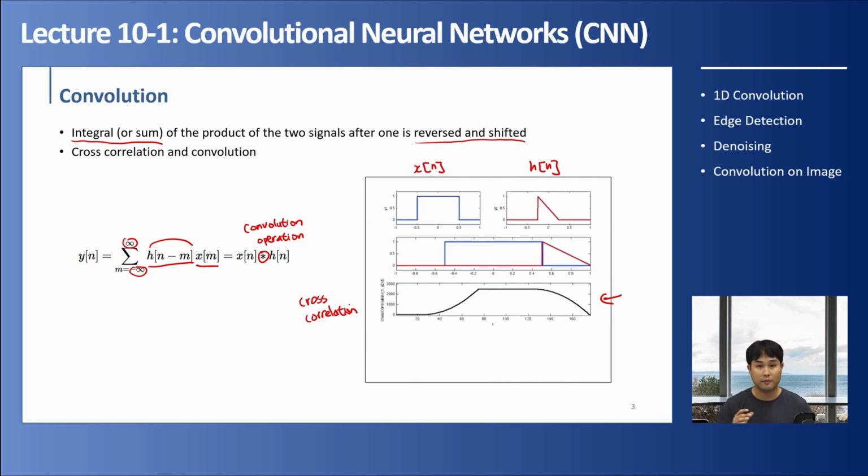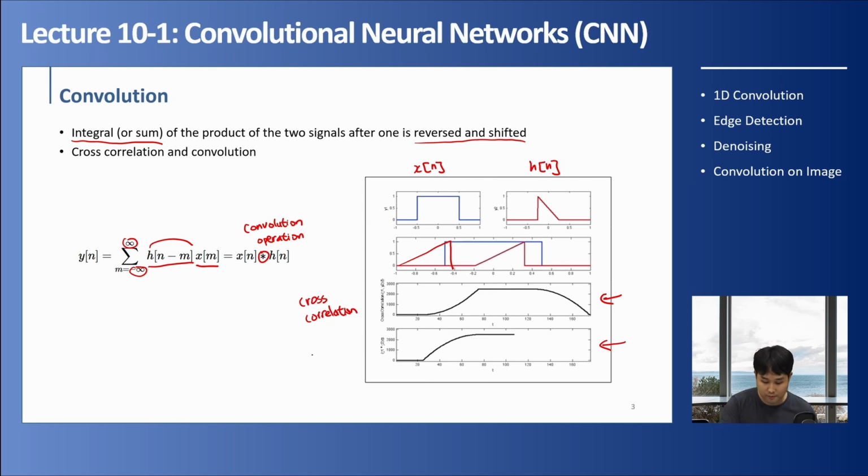Now for the convolution case, we're flipping or reversing the second signal h of n, which in this case we see this flipped shape. And if we again take the sum of the element-wise product, you'll notice that we end up with a similar output yet flipped version of the original cross-correlation. Here, this result refers to the convolution.